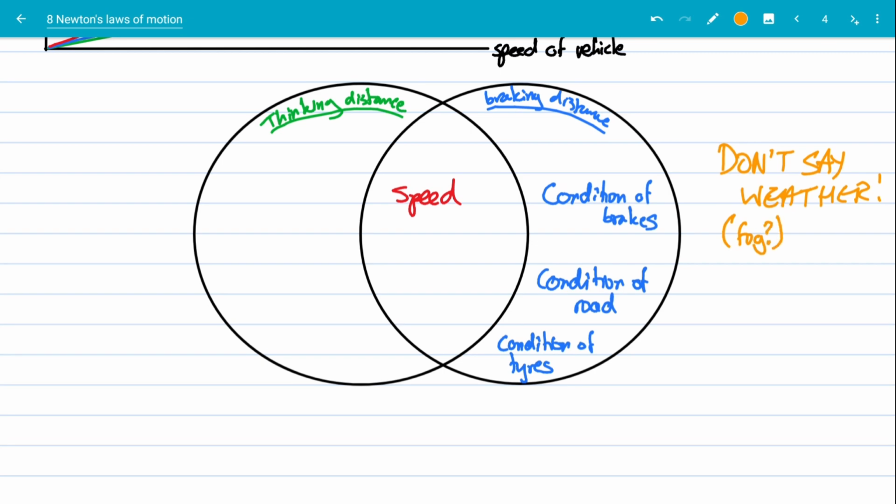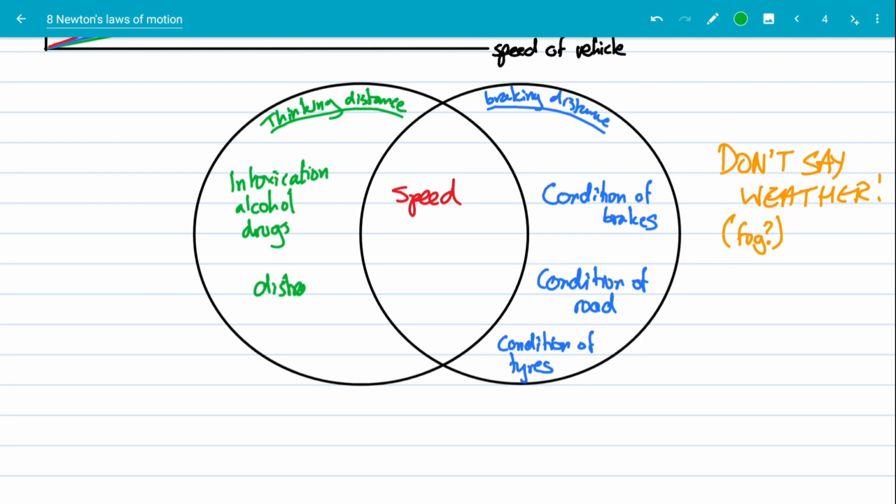Right, so what's going to affect thinking distance? That's things that affect reaction time. So we're going to have intoxication by alcohol, or any sort of drugs, that sort of thing.